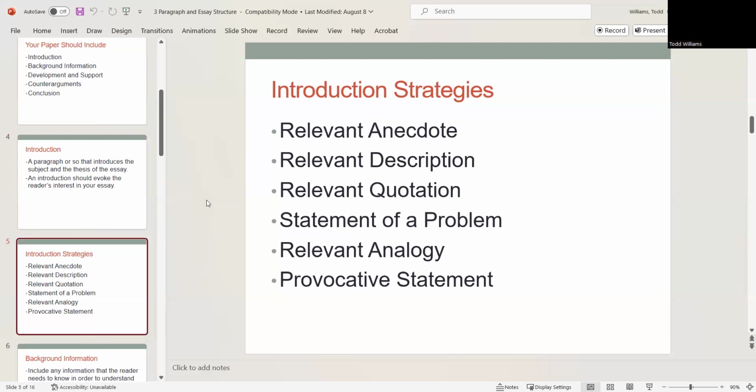So if I'm writing about, let's say, parking issues on campus as the subject of my essay, my anecdote might be something like, you drive in to campus and you go to the one parking lot and there's no spaces there. So then you have to go around the corner to here and then there's no spots there. And then you end up walking a mile to class because you had to park so far away. Something like that, right? Make it into an anecdote, make it into a story.